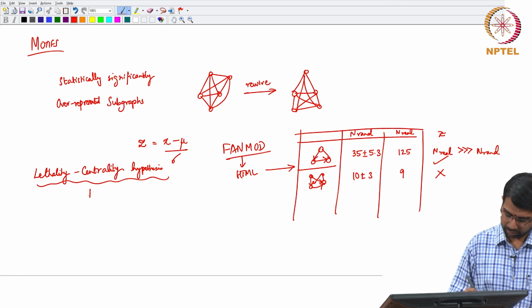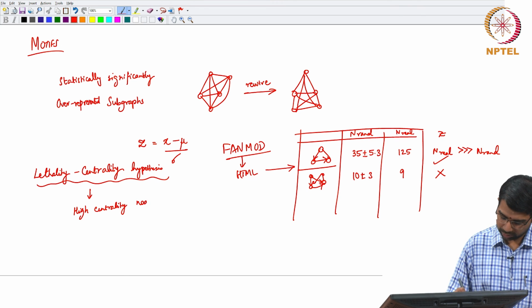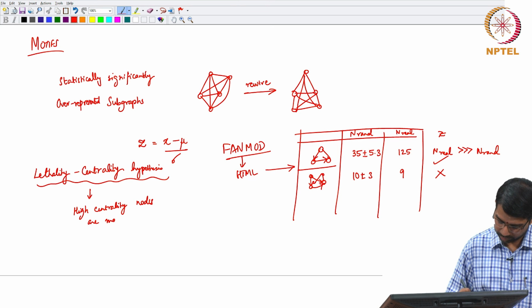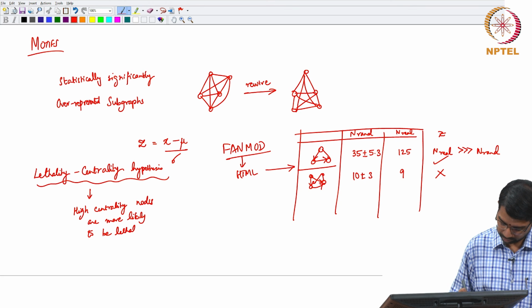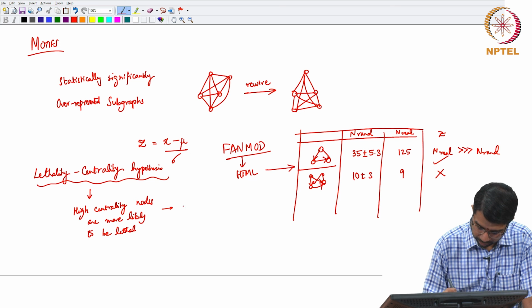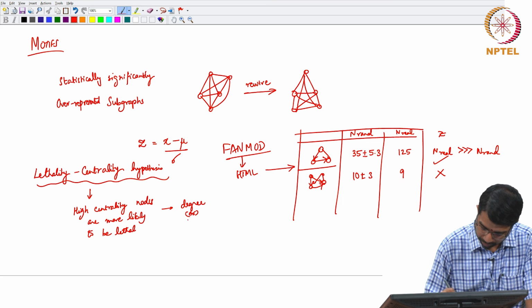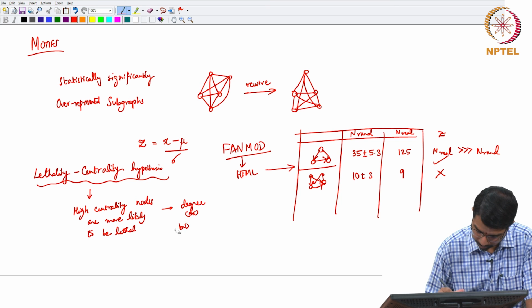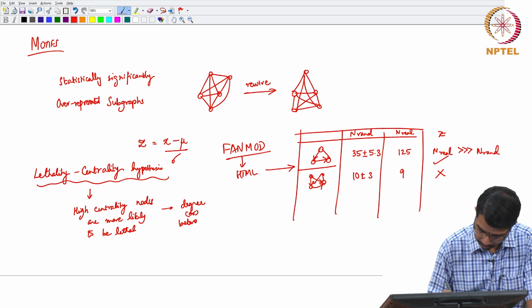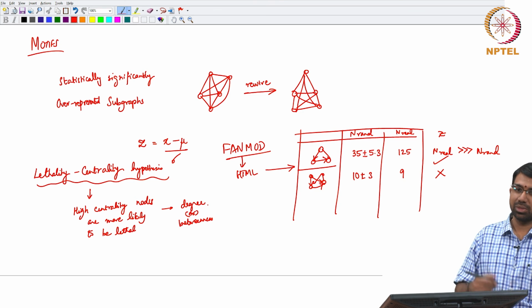It states that after removing, high centrality nodes are more likely to be lethal, right, and this centrality could come from either degree or betweenness. So, there is a strategy to knock out these networks.